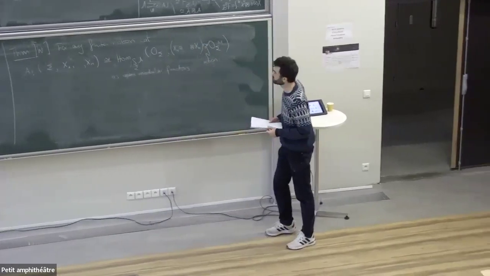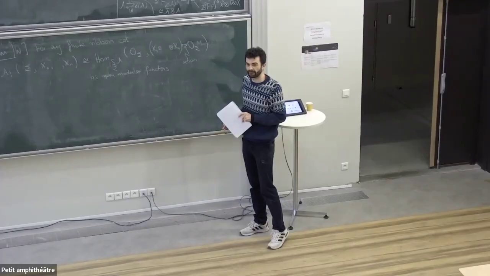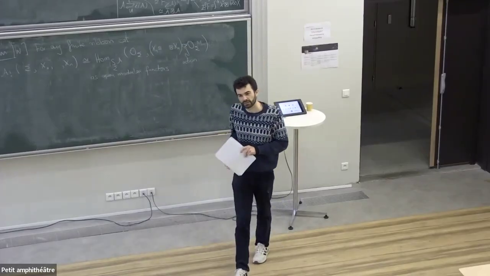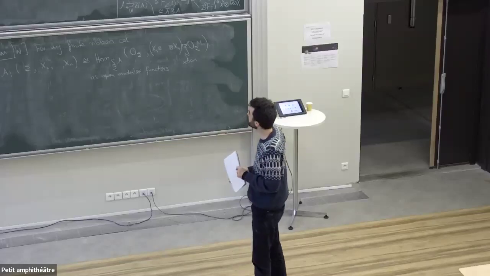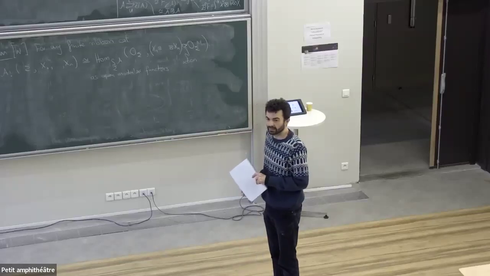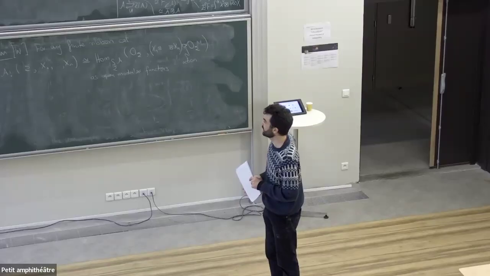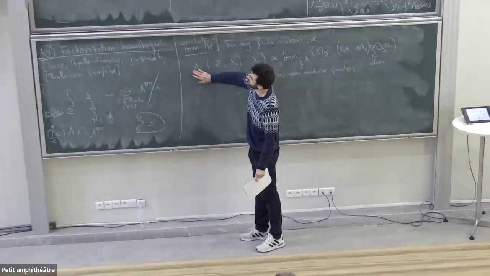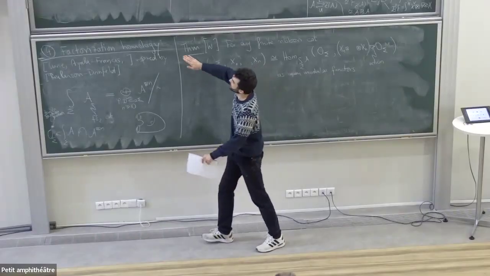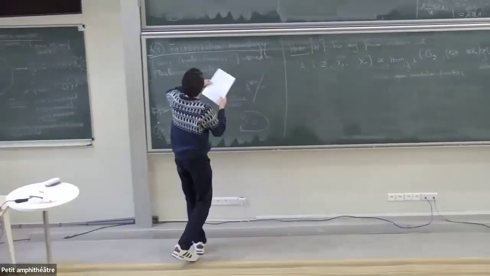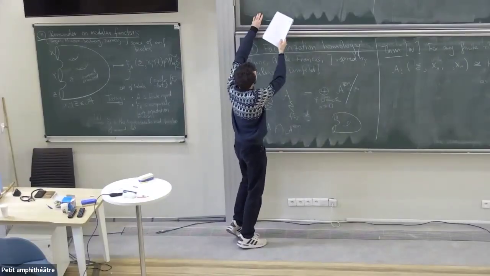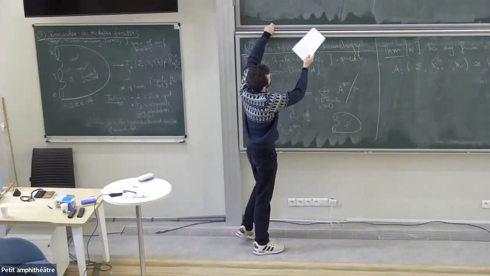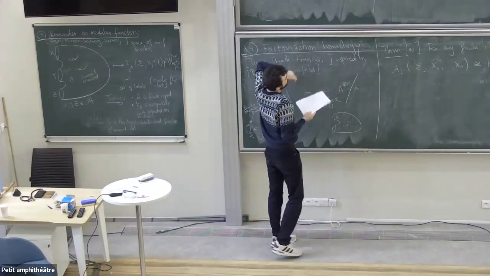Sorry, is my category an input to my open modular functor, or is it an output from my open modular functor? So the open modular functor has something to do with the script A. The script A comes out of the modular functor, or you take this thing and you build the modular functor from it. Yeah. So you have your A, and then on disks with marked intervals, you use these Hom spaces to define it.